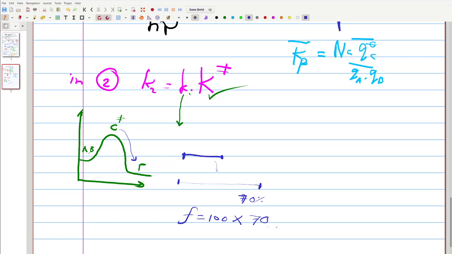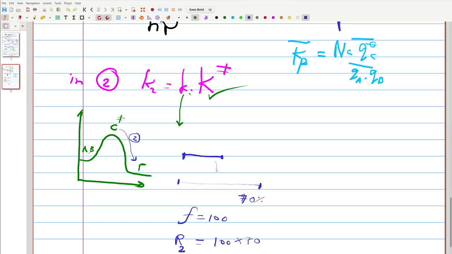So in other words, in a second, 70 of these activated complexes should form products. F is 100. Let's say the rate of this step, step 2, is going to be: it stretches to the breaking point 100 times, but out of that, only 70 of them break.